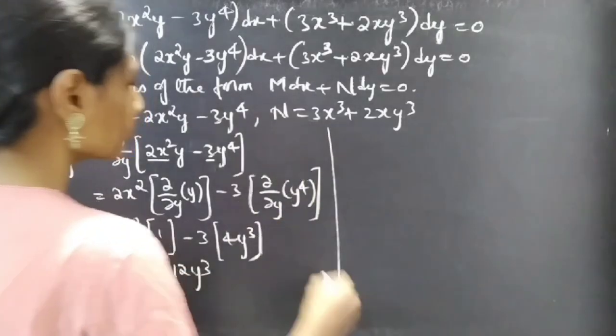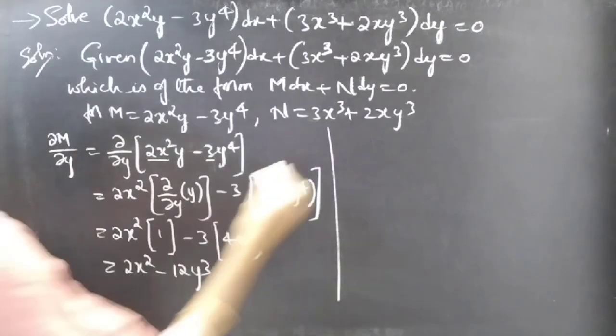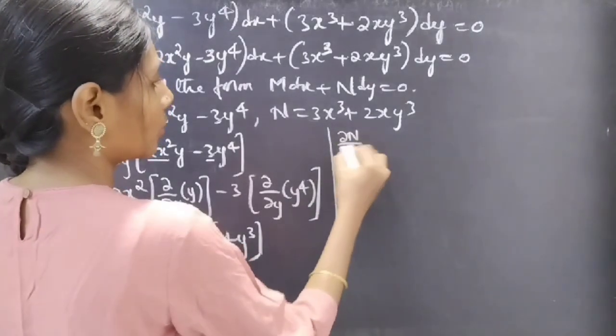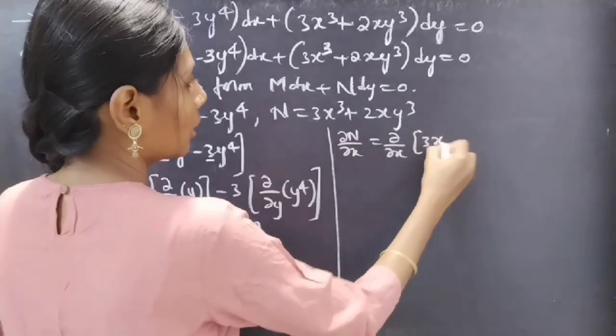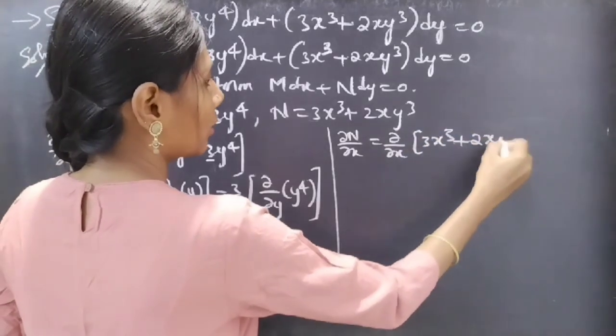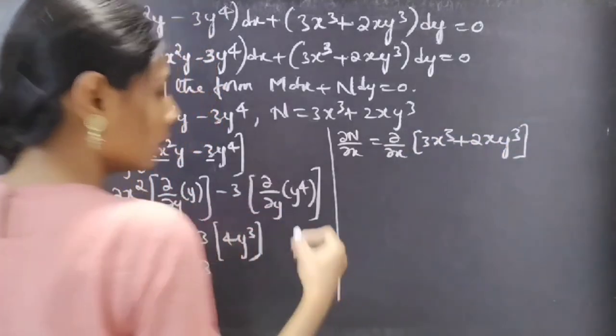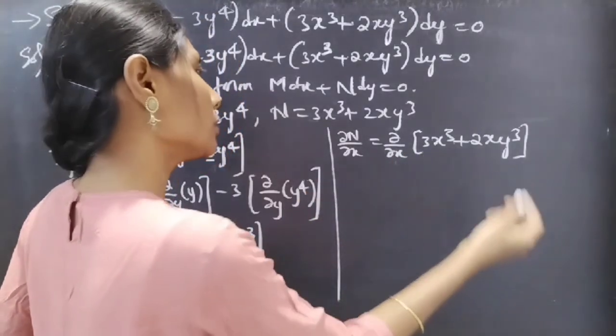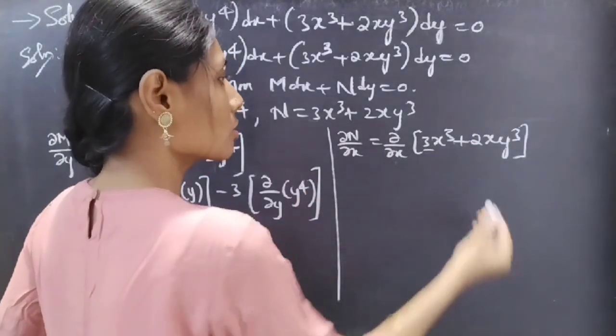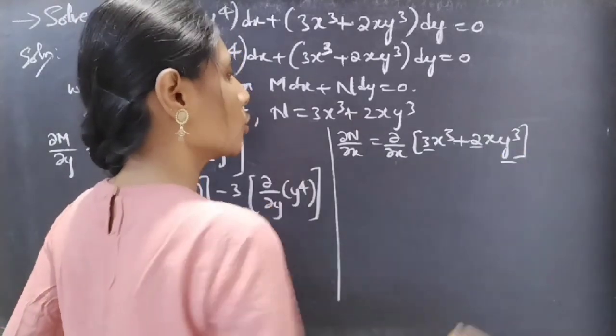Fine. Now we'll find the partial derivative of N with respect to x, for N = 3x³ + 2xy³, right? Here we are finding partial derivatives with respect to x, so we'll treat y as constant. In the first term 3 is constant and in the second term 2y³ is constant.